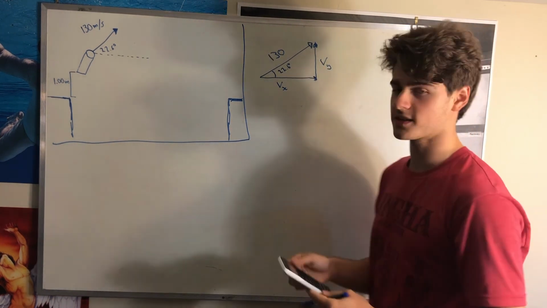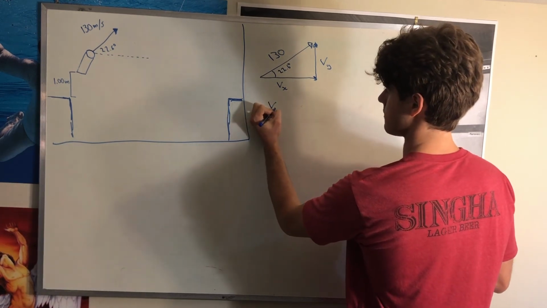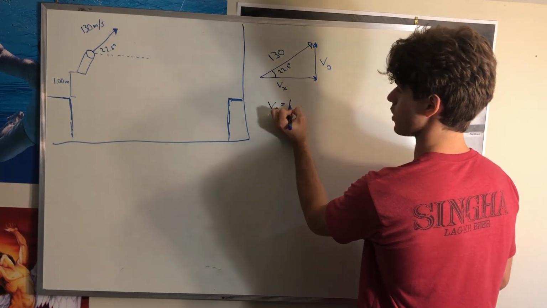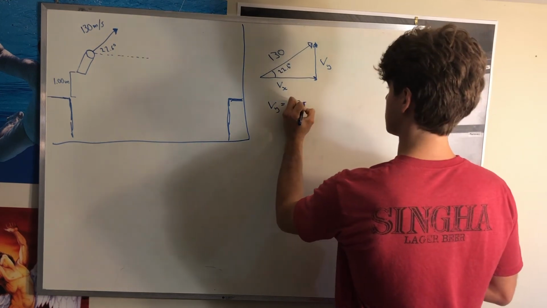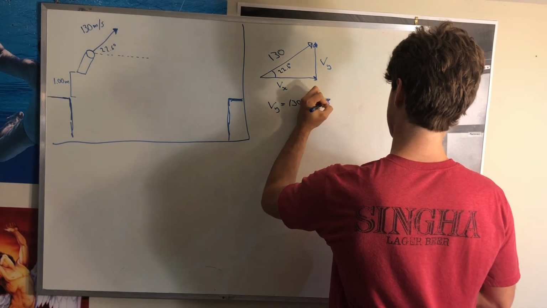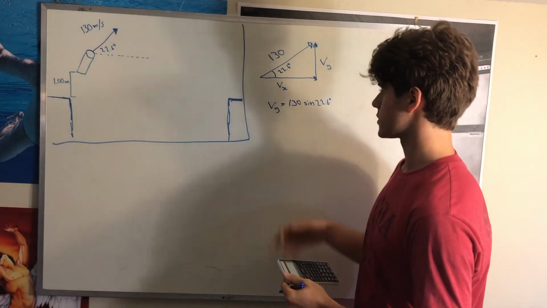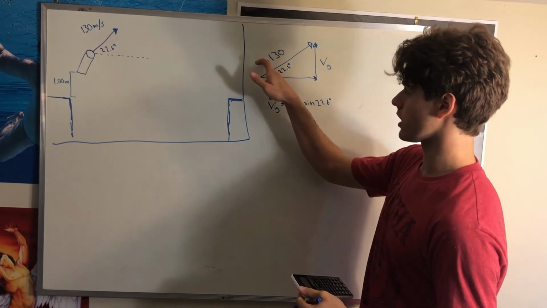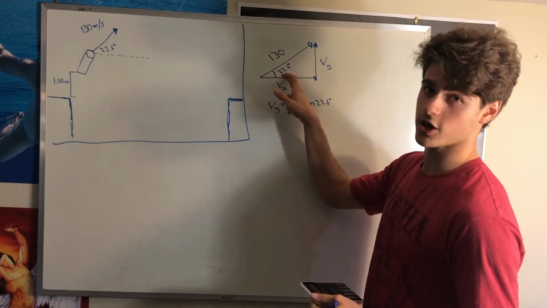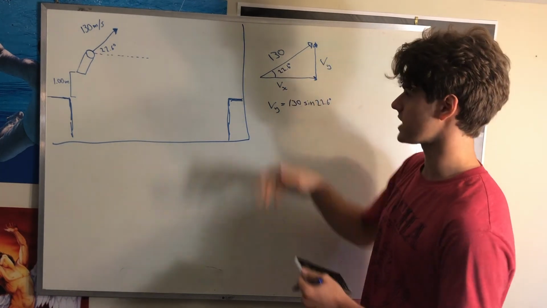Now the way you can find this is to find the y component, v of y. That is going to be 130 times the sine of 22.6 degrees. Now that's because the sine function is opposite over hypotenuse, so by multiplying 130 times the sine of this degree, that will give us the length of this line, the opposite line to this angle.